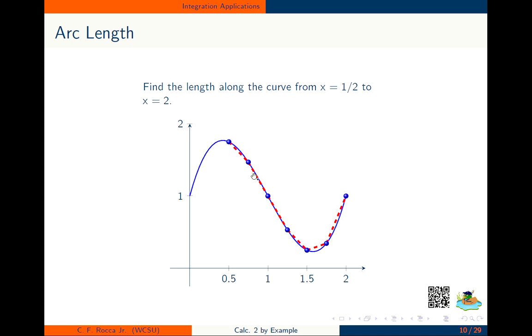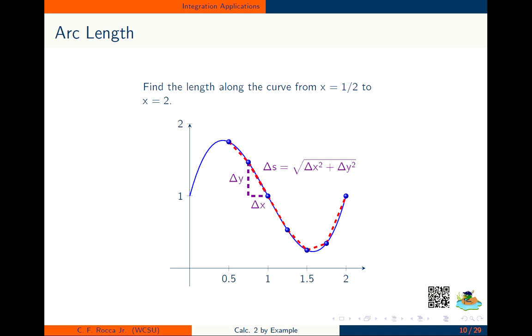Here I broke it into 1, 2, 3, 4, 5, 6 straight lines, because I can find the length of those straight lines using the distance formula that you might have learned back in algebra or geometry in high school. So instead of trying to tackle the problem directly, I start with the straight lines.